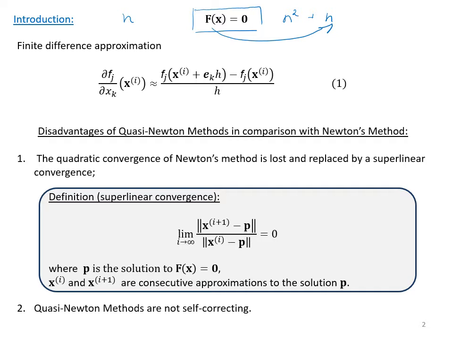And even if we do not have an exact formula for computing partial derivatives, we may use finite difference approximation, where h is the step and e_k is the unit vector with the only non-zero entry in the kth component.